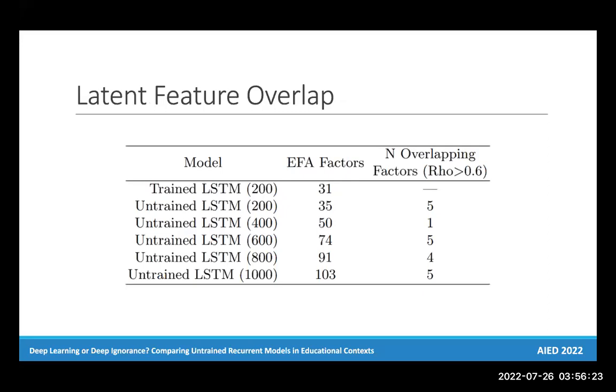So we're not just getting lucky and randomly generating features that are being learned by the trained model. We're seeing very little overlap, which suggests that there are maybe a couple of more sequential features being utilized here that are giving it the performance that it needs.